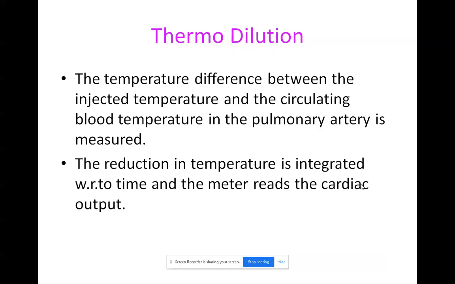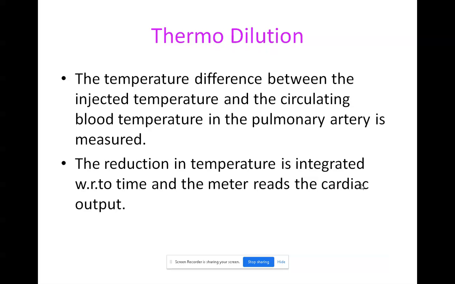Next, the temperature difference between the injectate temperature and the circulating blood temperature in the pulmonary artery is measured. Before injecting, you measure one temperature. After injecting the indicator, the blood will have a different temperature.